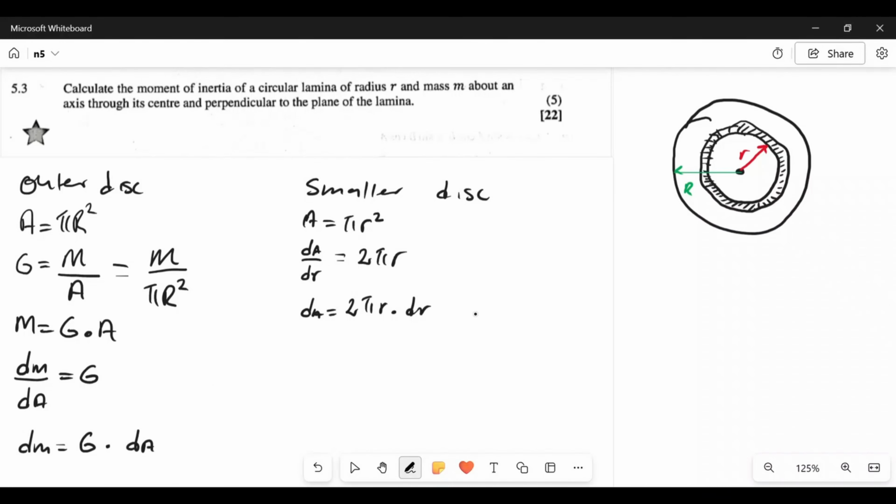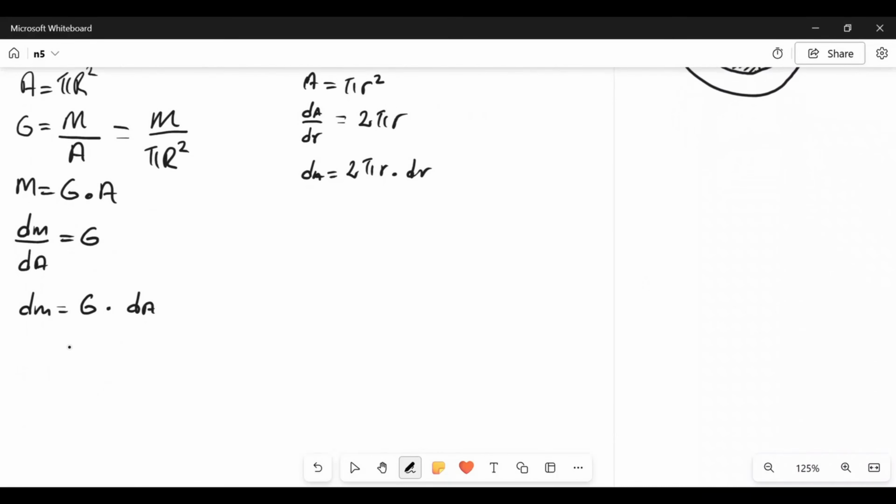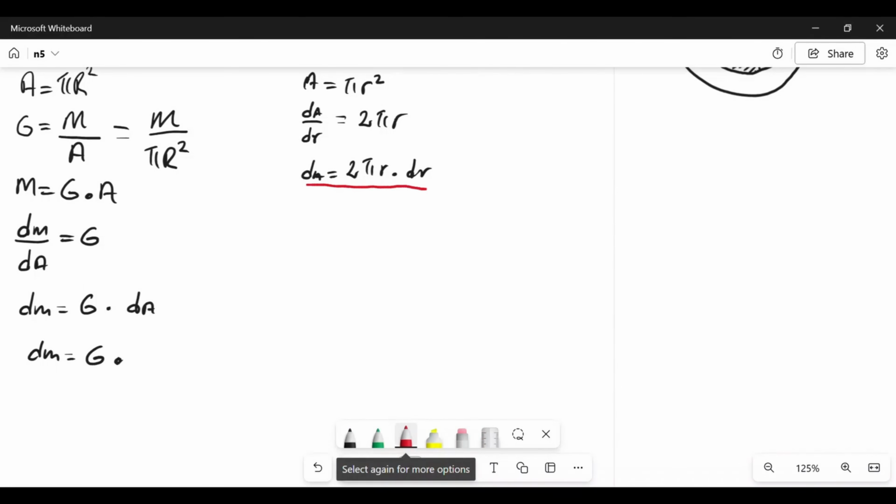Let's not forget that. So let's create a little bit of space here because we need to substitute. We can say dm is the same as density multiplied by, instead of writing dA, we substitute that dA with 2 pi r multiplied by dr. This is very important because we're going to substitute this into our formula.